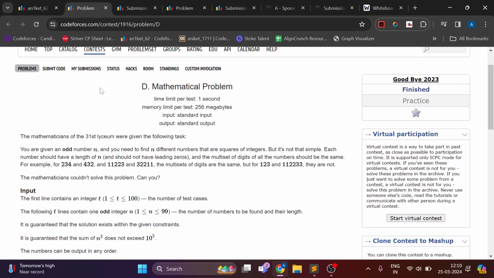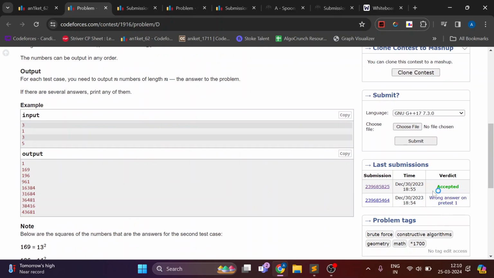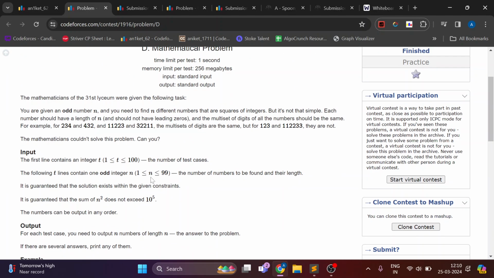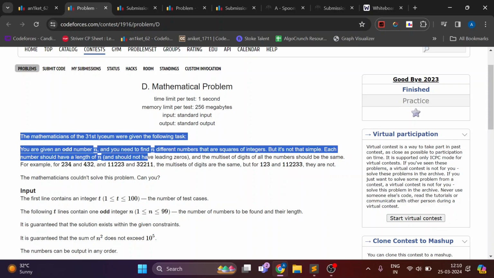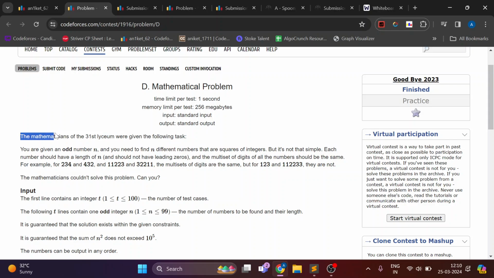So first I will explain this problem. This problem was in Good Bye 2023, and this contest was very controversial, if you know, you know. And this is the fourth problem, and I was able to solve this in contest, and I got pretty good delta in this contest. So in this question, what are we given?